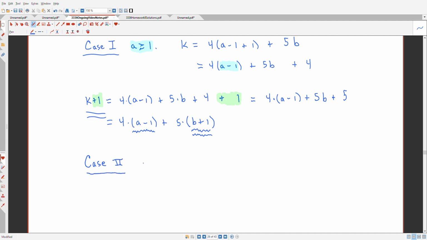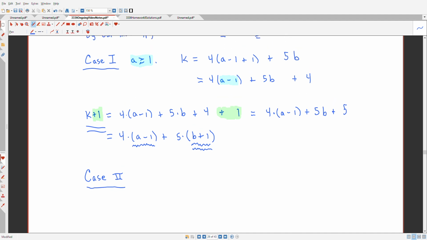I'm going to assume that a isn't bigger than or equal to 1. That is, that I'm not using at least 1 4-cent stamp. I'm assuming that I'm using 0 4-cent stamps. And so now I get that k cents of postage can be created using a 4-cent stamps and b 5-cent stamps. Well, I'm really just getting this.